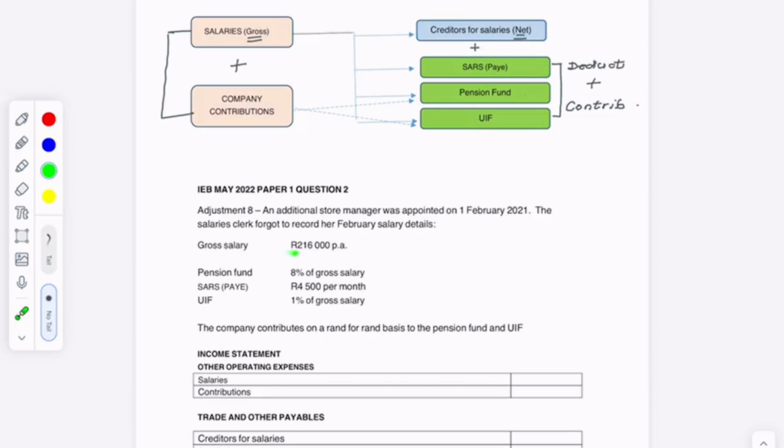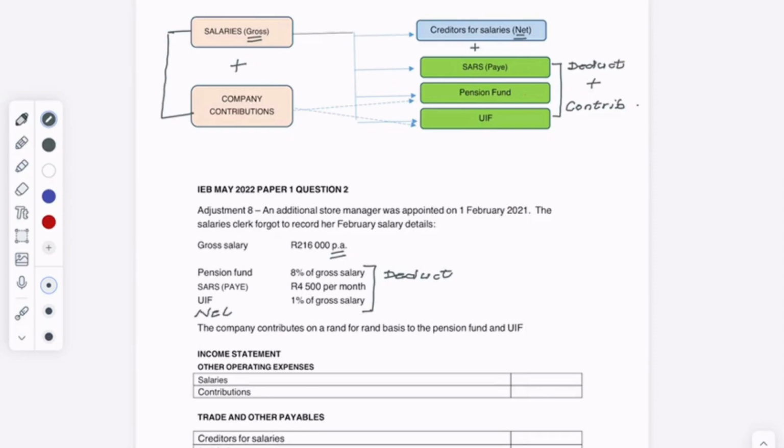We've got a gross salary of R216,000, but be very, very careful, per annum. And then we've got these deductions: pension fund, SARS PAYE, and UIF. So these are the amounts that are going to be deducted from this employee's salary. And then we're going to work out that employee's take-home pay, the net salary.